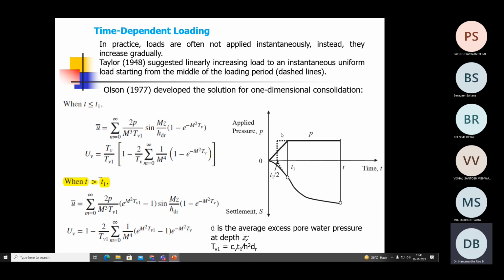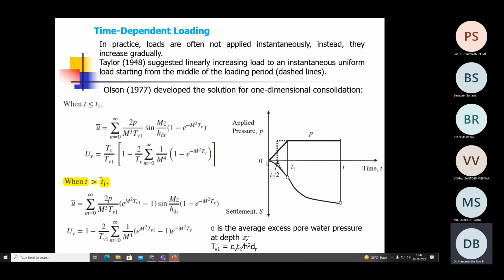If you look at this graph, you see there is a sloping line and a dotted vertical line. Most of the equations assume that the load is applied instantaneously, but this is not the case in a real life situation. In fact, it is a ramping load.